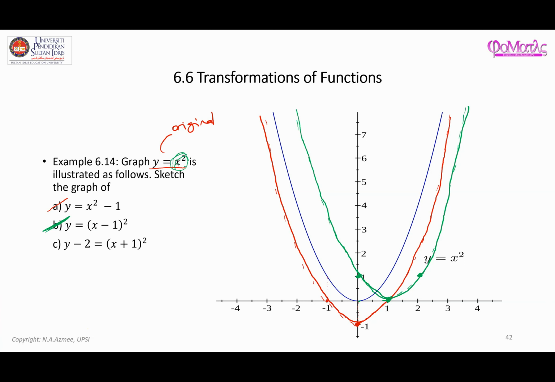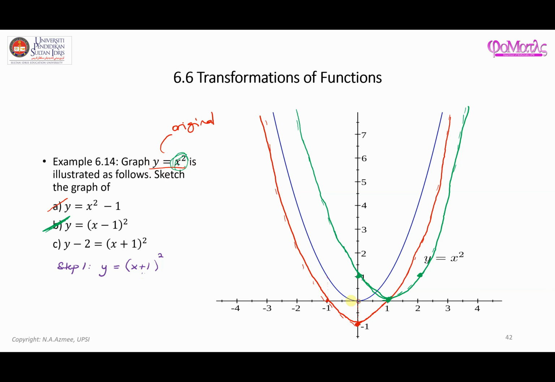Now, how about the third one? My step 1 is I have to consider y equals to (x plus 1) squared first. That means I'm going to translate this graph 1 unit to the left. So the blue curve is going 1 unit to the left.